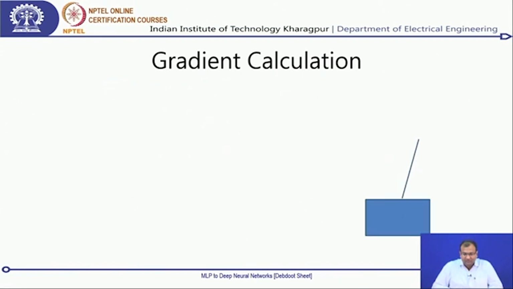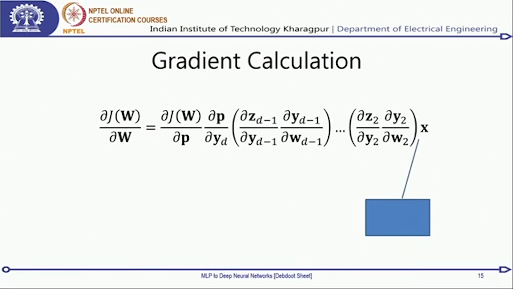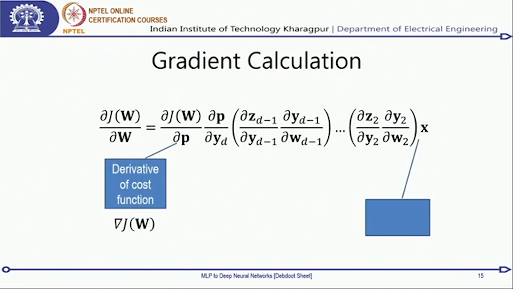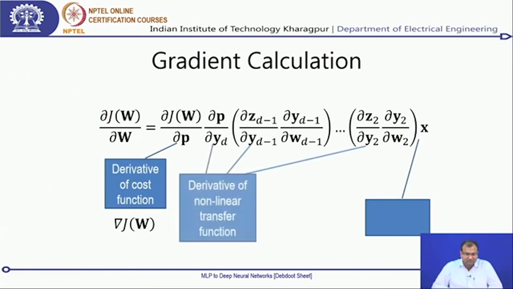Now, the next point is that I have my final form of the whole derivative going down something like this. My first part of it is what is called the derivative of my cost function, or known as grad of jw, the gradient of my cost function. The second part is my derivative of the nonlinear transfer function.